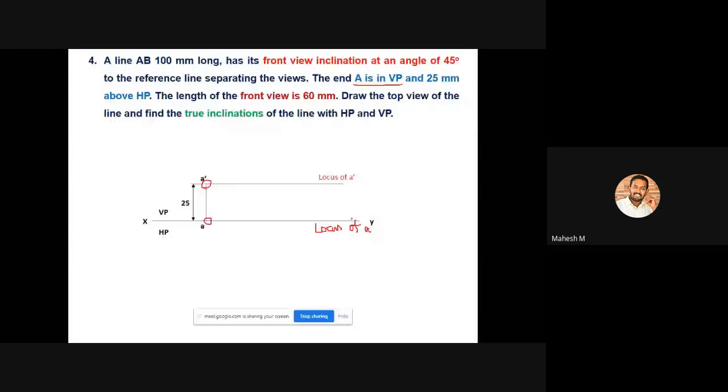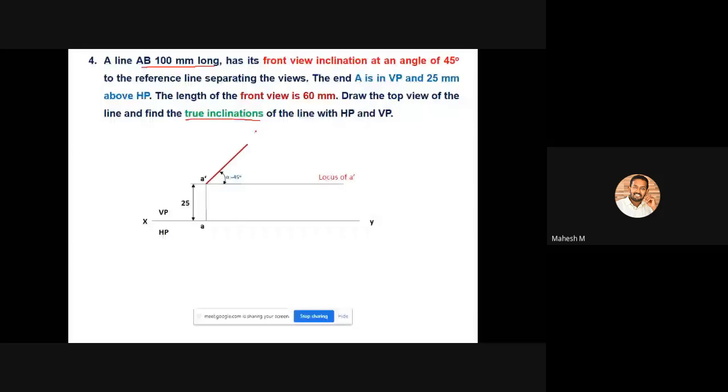Okay, so next step, what we can do actually, in this problem we know the length of the true line, but we don't have the angle for the true line. That means we have to find this angle. So initially we can't create the true line first.